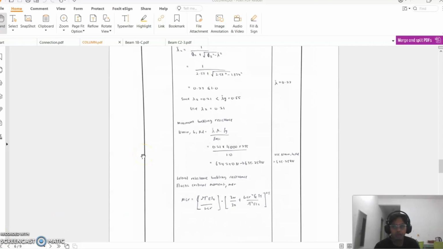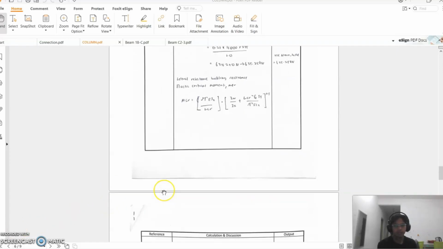And we need to compare whether Z or Y is smaller, then we use the smaller value, which is 0.21. And we go for the minimum buckling resistance. The value is 63,524.